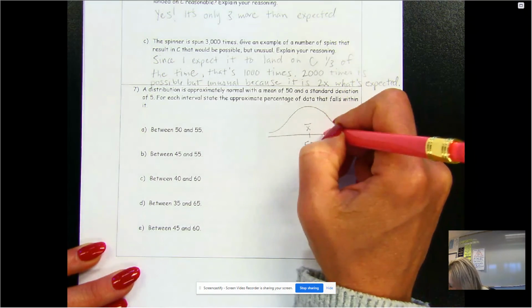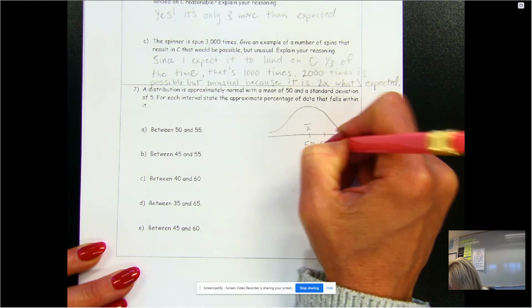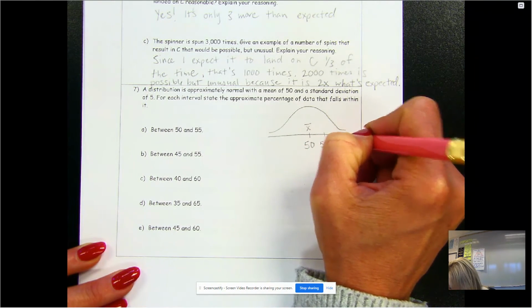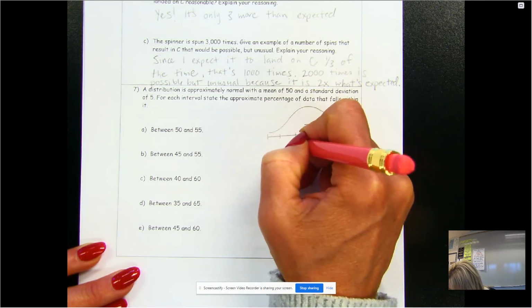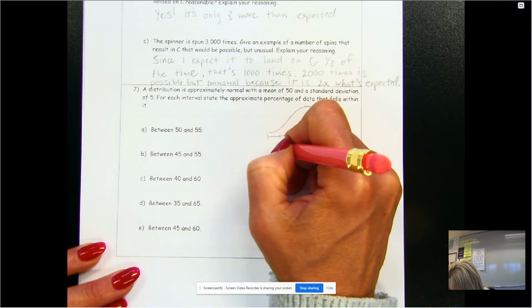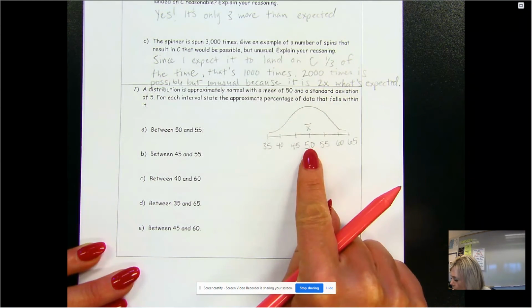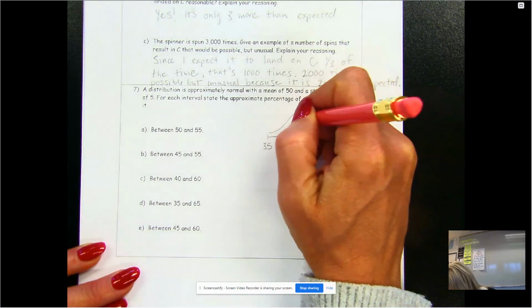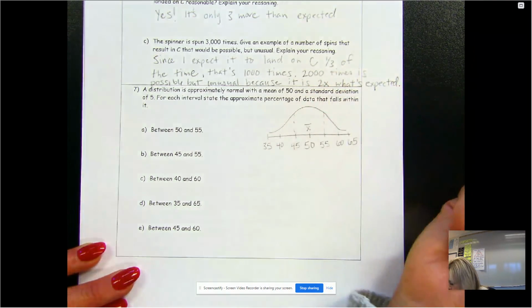The standard deviation is 5. So this goes 55, 60, 65. Going backwards, 45, 40, and 35.